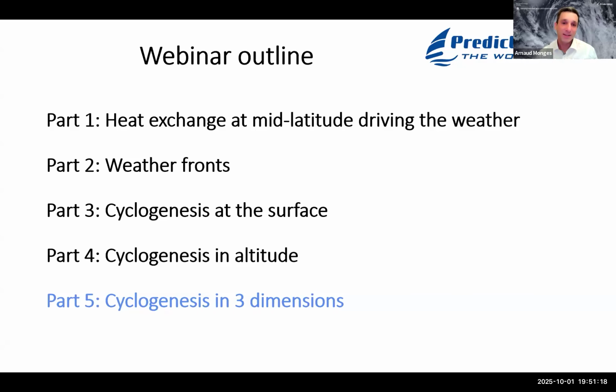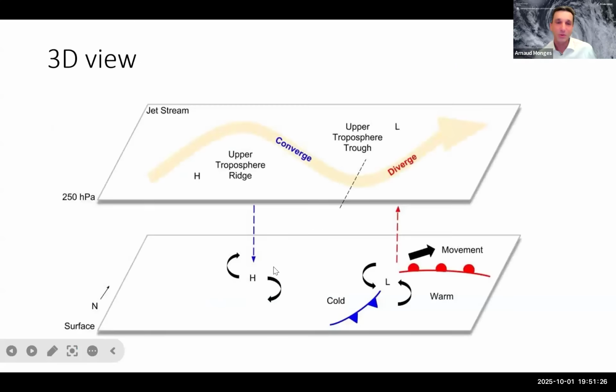So let's finally see the last slide, which is going to be a summary combining everything at the surface and in the altitude. So this is the 3D view. If I look at the surface, I have my low pressure center, and I've got my warm front and my cold front, and it's spinning counterclockwise in the low level.